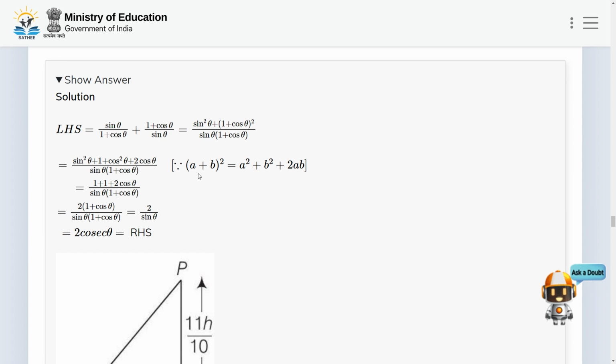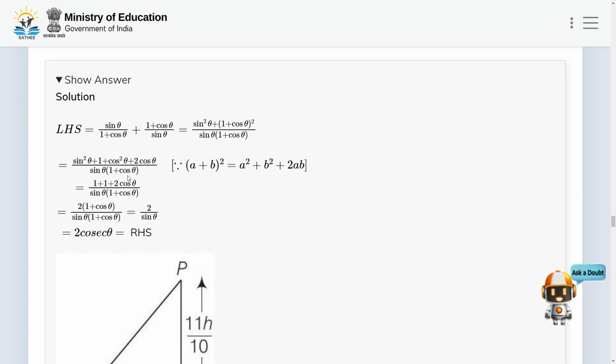Since we know the formula a plus b whole square is equal to a square plus b square plus 2ab, if we use this algebraic identity, we'll get sin square theta plus 1 plus cos square theta plus 2 cos theta divided by sin theta into 1 plus cos theta.